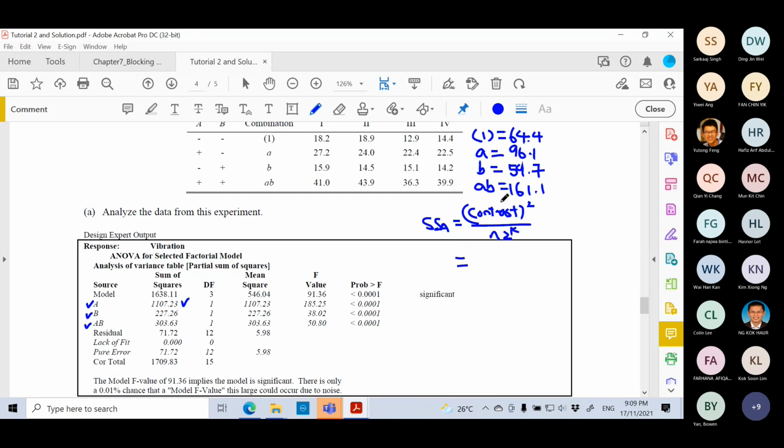Okay, so the contrast will depend on the sign here. If you are looking at the A here, this one is the sign for A. So you have minus 1, plus 1 here.